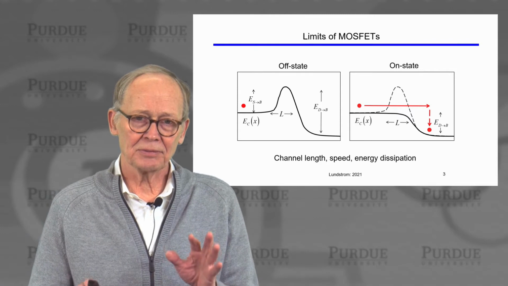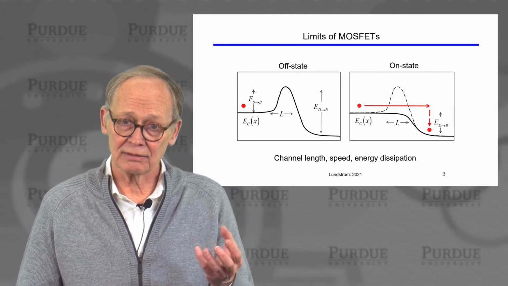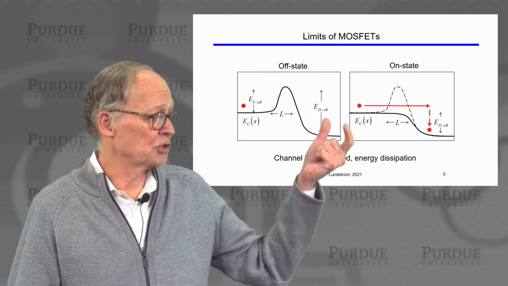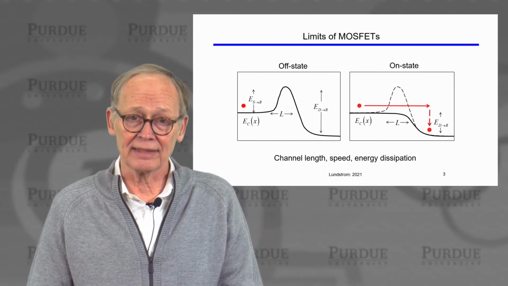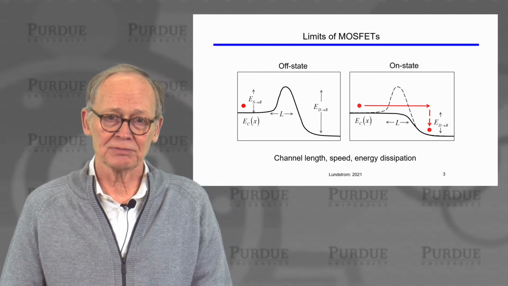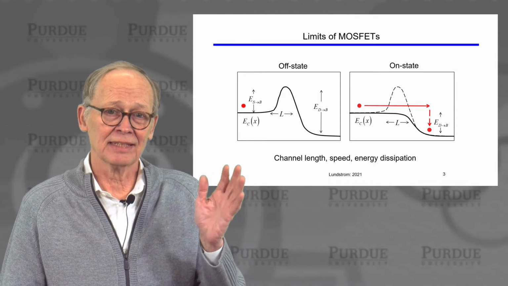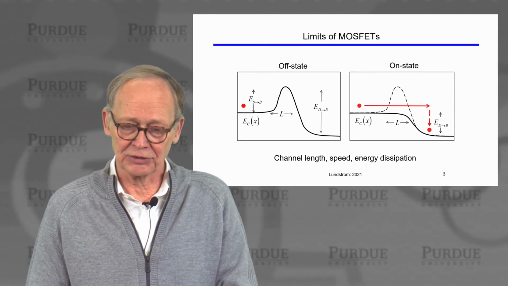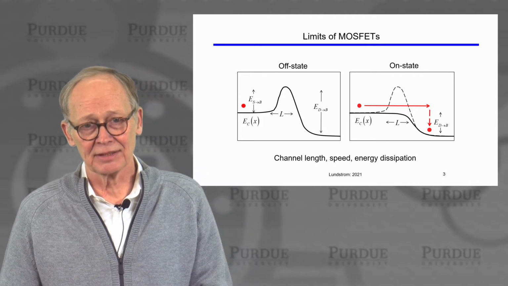So we use that simple picture to try to understand what's the ultimate limit of the channel length, how short can we make the channel, what is the ultimate speed? How fast can we switch an electron from the source to the drain and basically convert a 0 to a 1 or vice versa? And what is the minimum energy dissipation needed to do this?